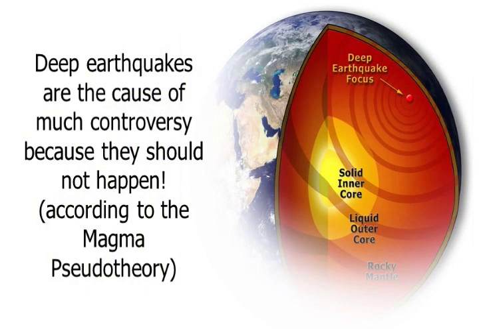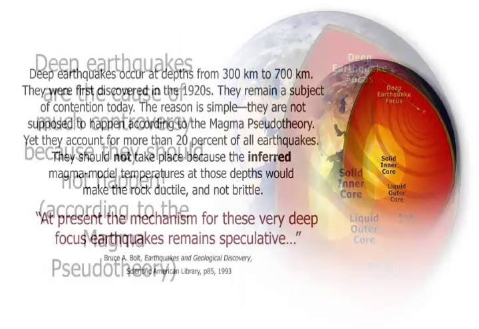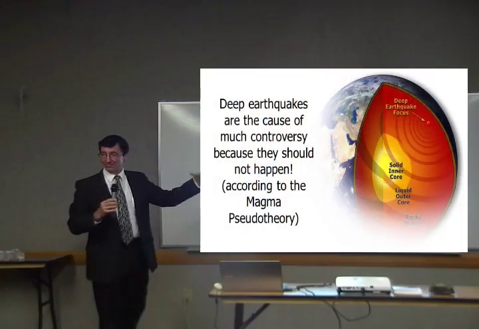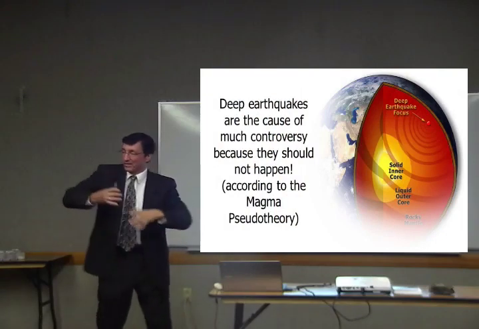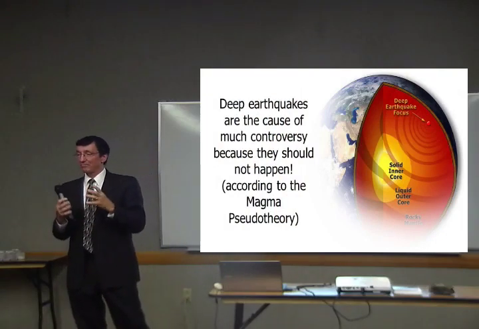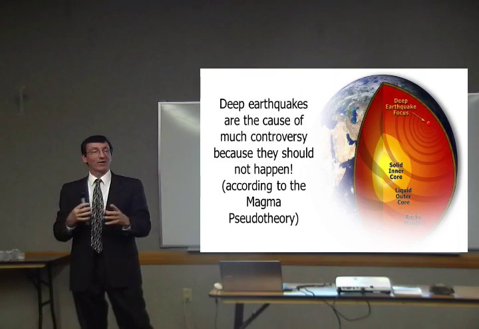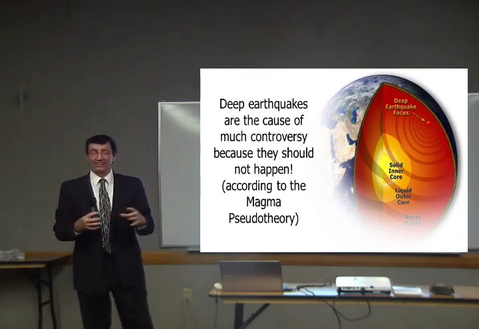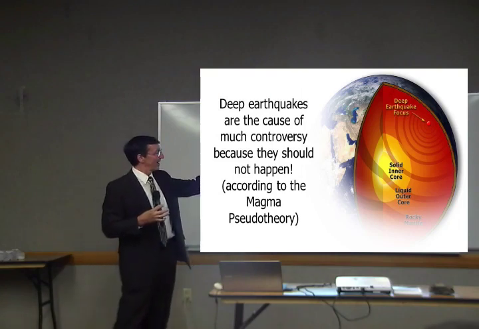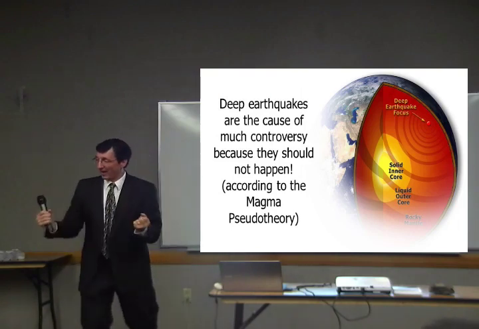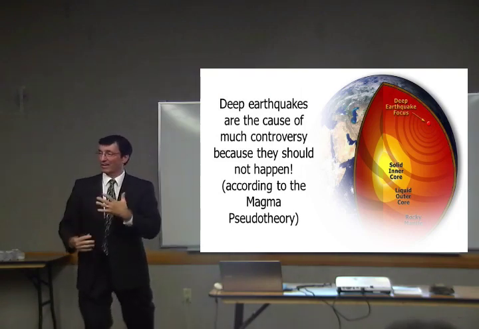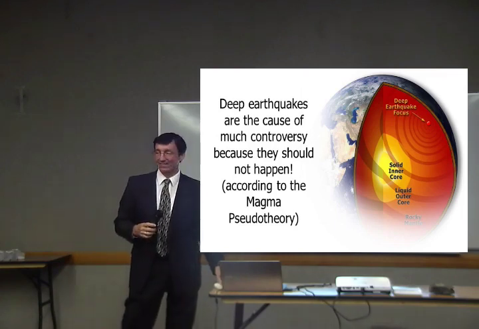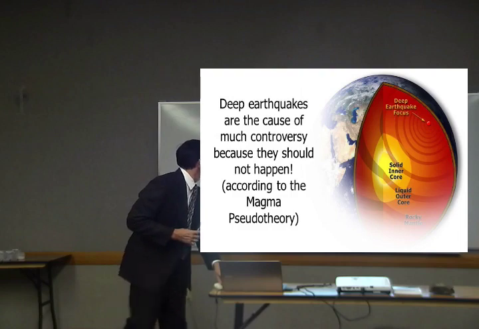But the deep earthquakes are the cause of much controversy because they should not happen, right? According to the magma theory, if it's kind of this molten honey inside the Earth, this molten rock that's kind of partially hardened in the mantle there, it's hard to make that break like an earthquake where the rocks are breaking. Okay? Does that make sense?